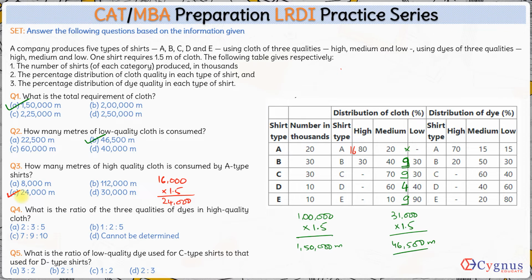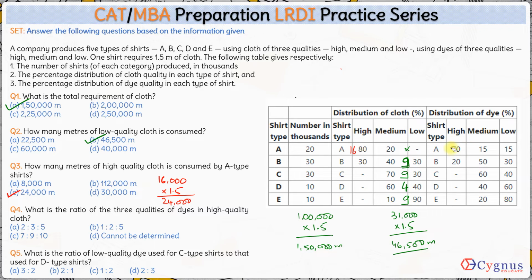Okay. Now looking at the fourth question, what is the ratio of 3 qualities of dyes in high quality cloth? Now we have to figure out the ratio of different qualities of dye used in manufacturing only the high quality shirts. Here there is an issue. We know the distribution of dye is 70%, 15% and 15% for type A shirts.